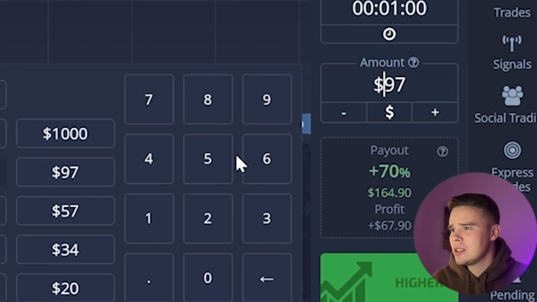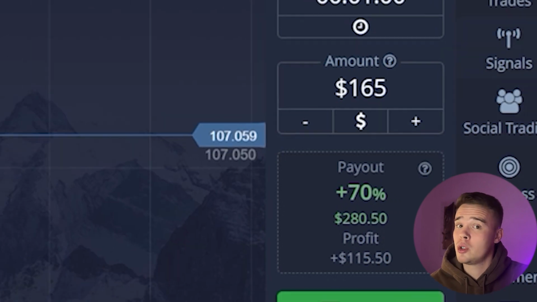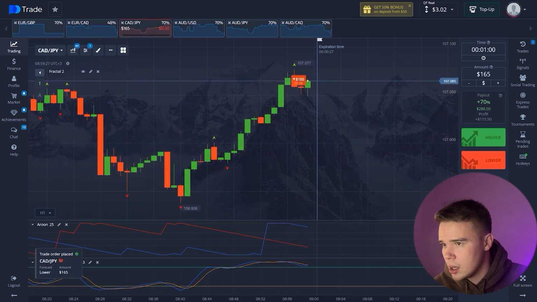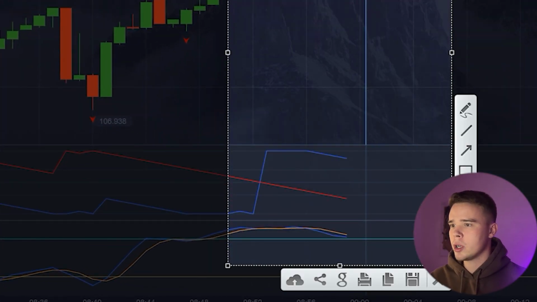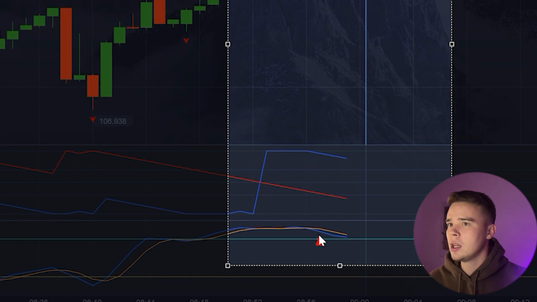Now I raise the amount to 165 and go back to searching. And now I'm going to open the trade on the downside. And look what happened here. The blue stochastic line has crossed the orange line from top to bottom and it's going down. That was the first signal downside for me.